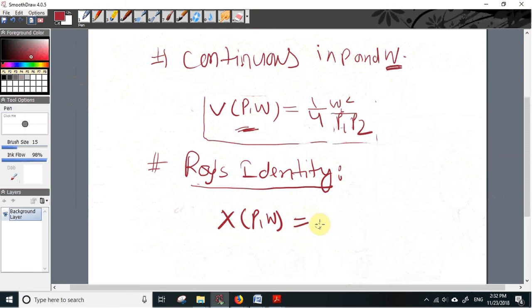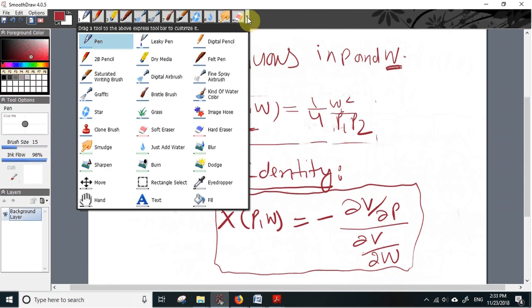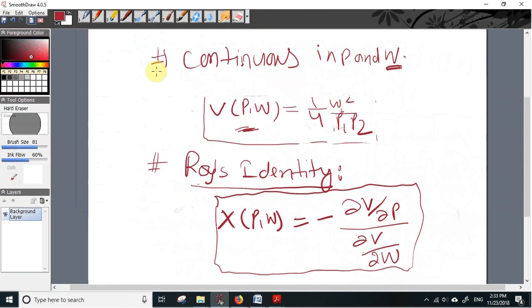This can be derived as minus the partial derivative of the indirect utility with respect to some price, divided by the partial derivative of indirect utility with respect to the level of wealth. This identity is called Roy's identity, and we will show that Roy's identity holds in our case.